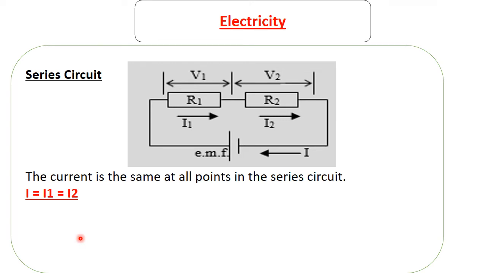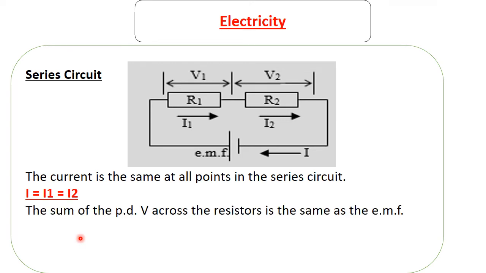The second is the voltage. The sum of the potential differences, or voltage, across the resistors is the same as the EMF. The EMF is the voltage that the battery provides to the entire cell. This voltage is shared by the various components of the cell.